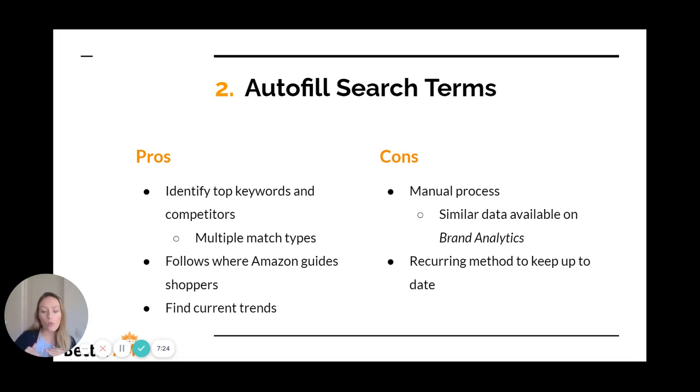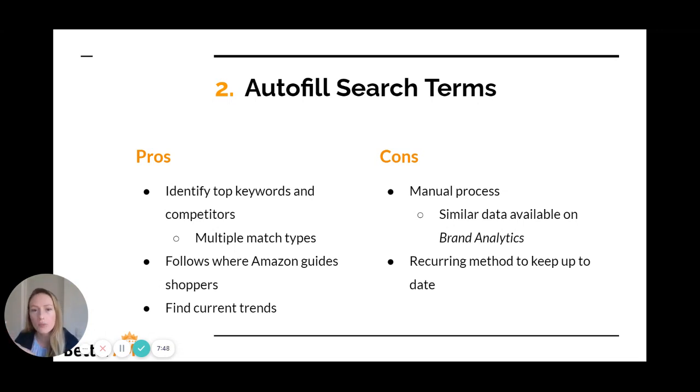And also, you're going to find the most current trends. I had a client whose competitor had recently been featured on Shark Tank, and so all of these keywords were coming through for Shark Tank. That was absolutely crushing it, and of course, it was down in this autofill search term.